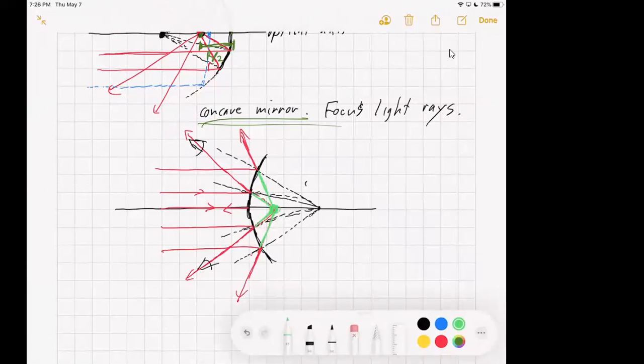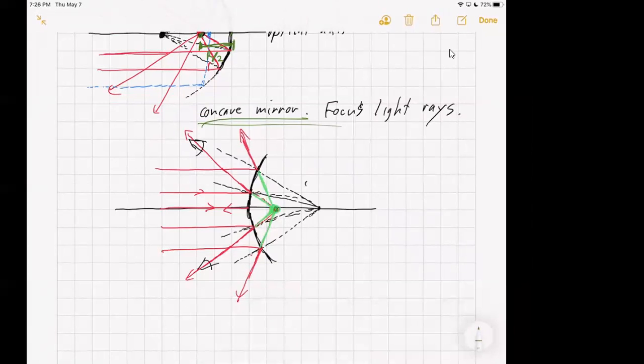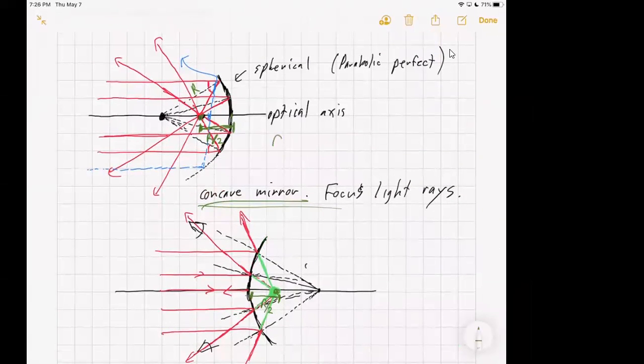We don't say that it's a virtual focal point, but what we do say is this distance, once again, from the mirror to where the focal point is, is r over 2. So in the top case, we say that the focal length f, usually we use f for that, you should probably check to see, yes, your book does use that, is r over 2.